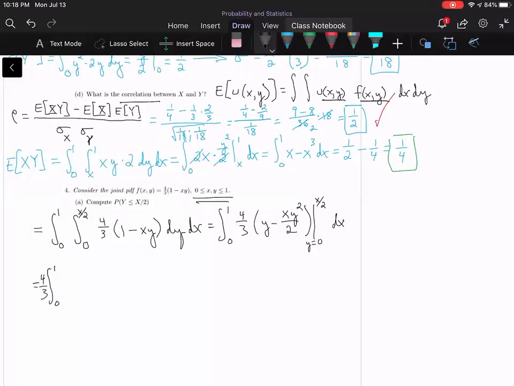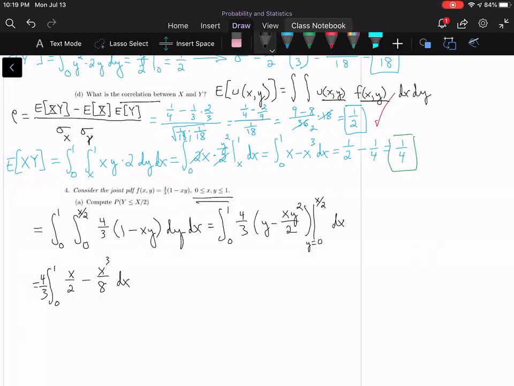I'm just going to pull it out. Evaluating that integrand over those limits of integration, y is going to be x over 2 minus 0 minus the x times x over 2 squared, which is x squared over 4, times the x over 2 up front is going to be x cubed over 8 dx. And so that's what the integrand becomes when we actually evaluate from 0 to x over 2.